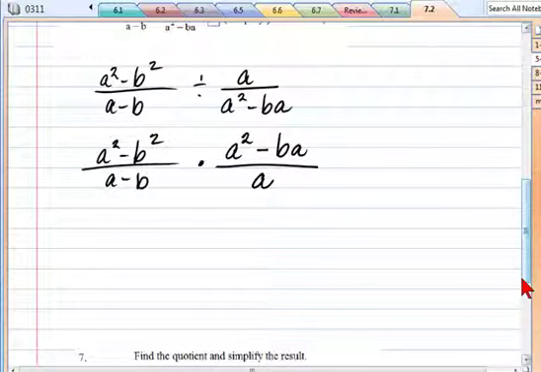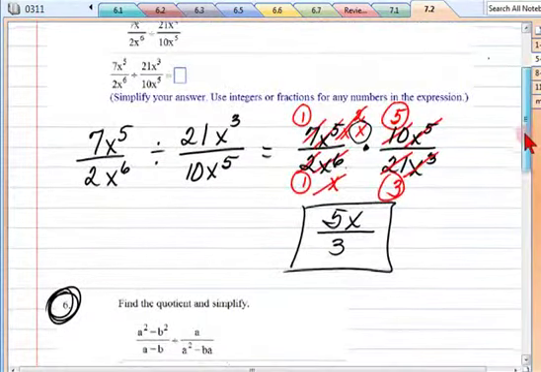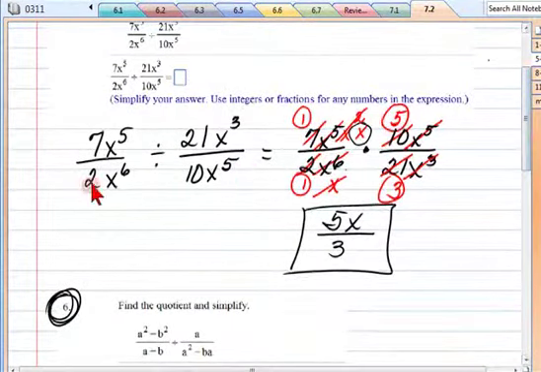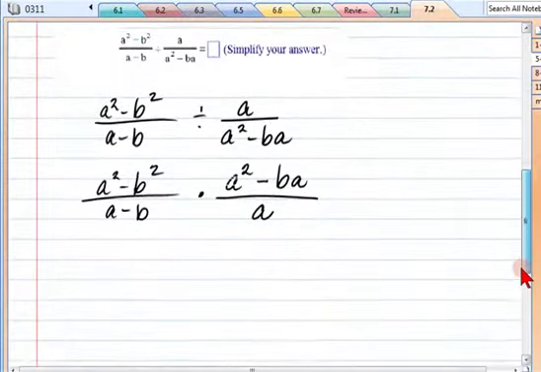I'd like to bow tie. Before I can bow tie, I have to factor. If you work through a problem and you haven't factored, the only kind of problem that you should be doing that on would be one like this, where there is no factoring to be done. But if you've got any pluses or minuses, you better be factoring.